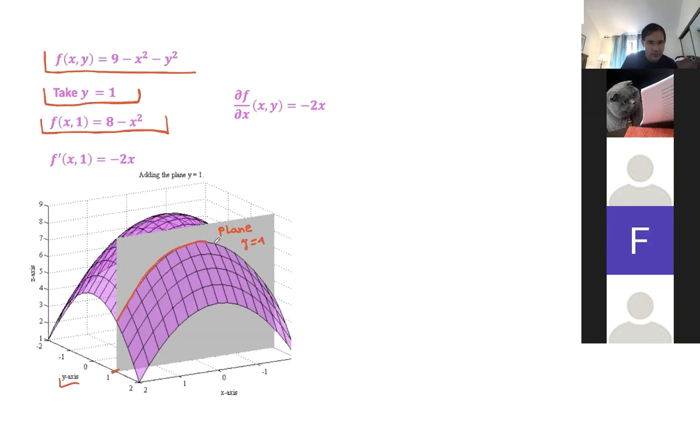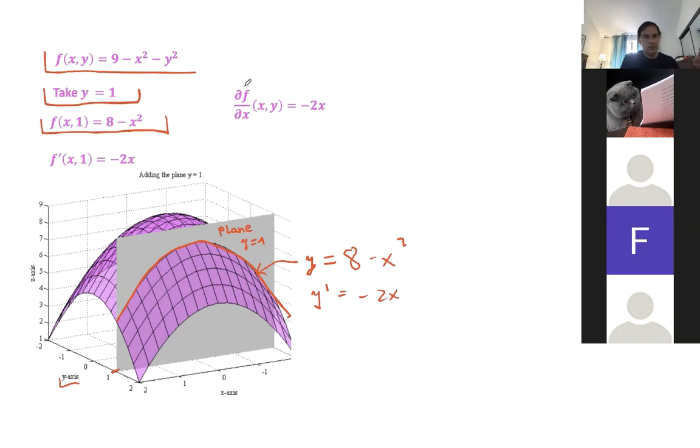This function is exactly y equals 8 minus x squared. So if I want to compute the derivative of this function, then of course this is negative 2x.